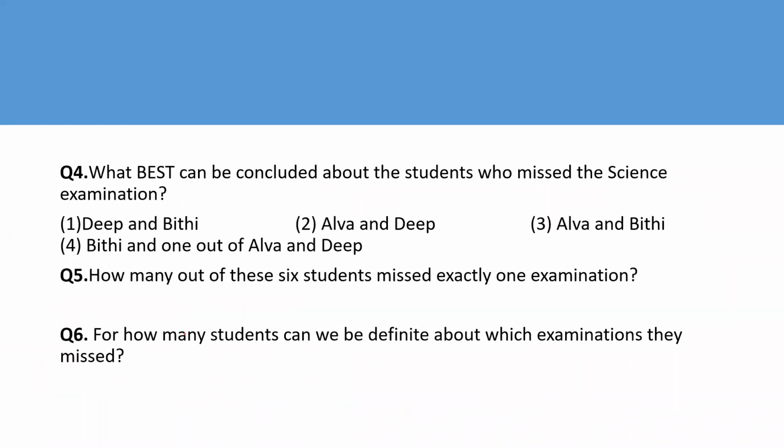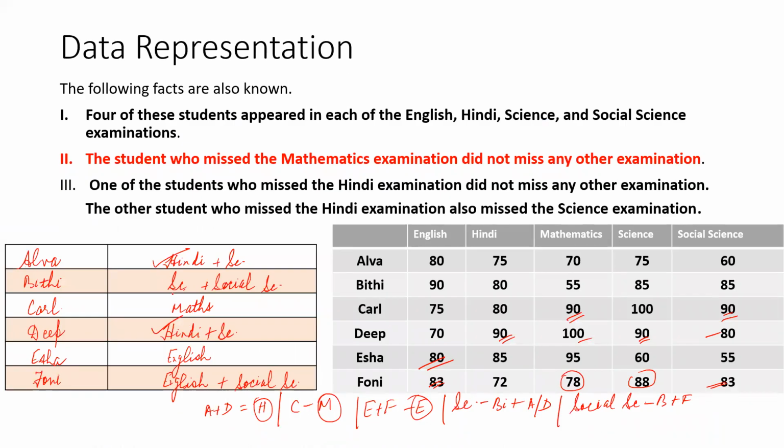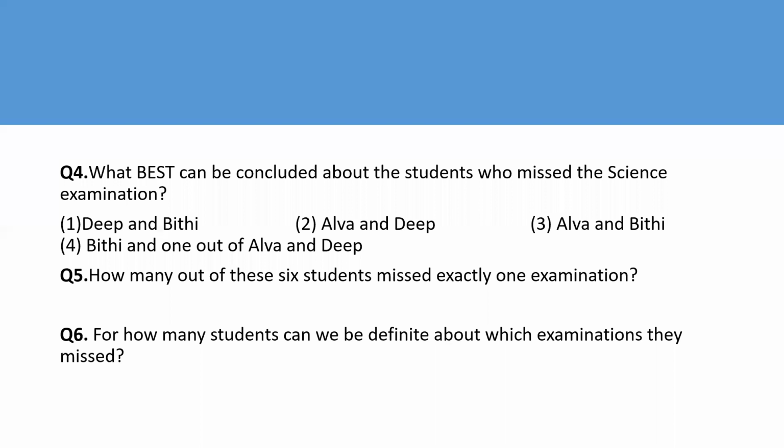Moving further, what best can be concluded about the students who missed the science examination? What we saw was Alva or Deep is one of those who has missed the science examination along with Bitti. So we have Bitti here who has missed the science examination, and it could be either one of Alva or Deep based on statement 3 that is given in the question. So the correct option here would be option 4.